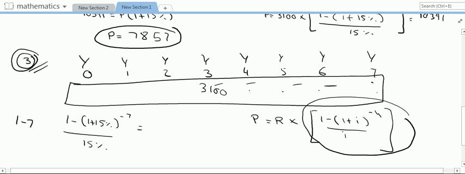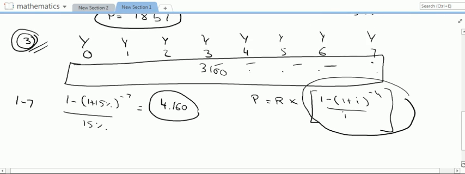If you calculate, this will be 1.15 power minus 7, 1 minus answer, divided by 0.15. This will come out to be 4.160. Interestingly, you must also know how to use the annuity table, and this figure is easily and visibly available in your annuity factor table.